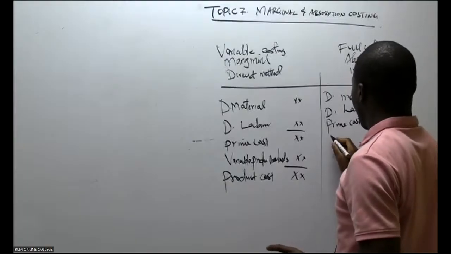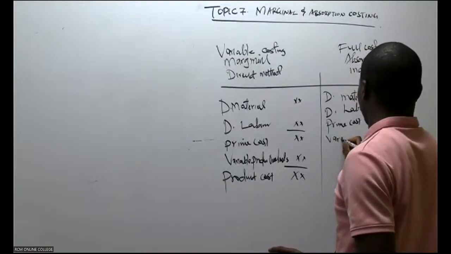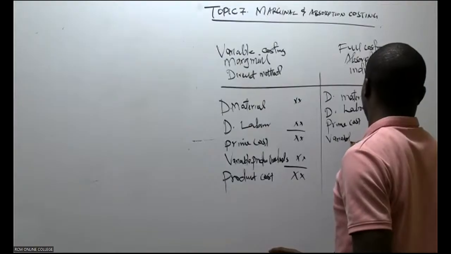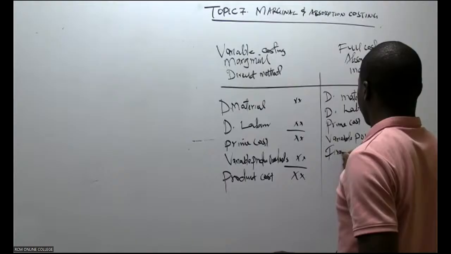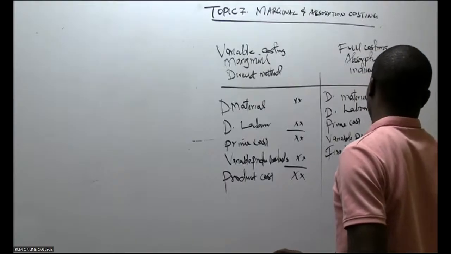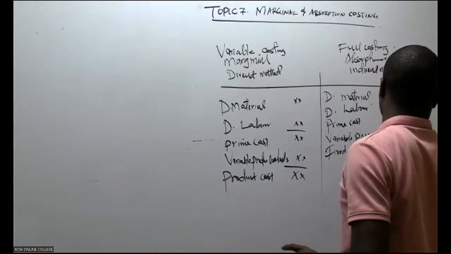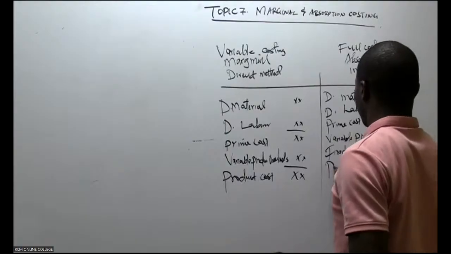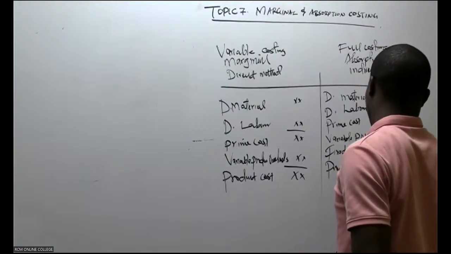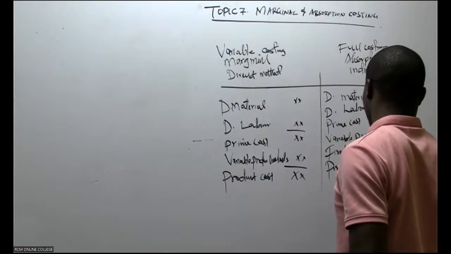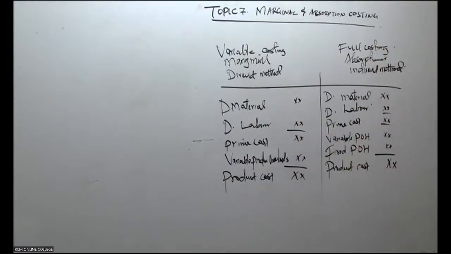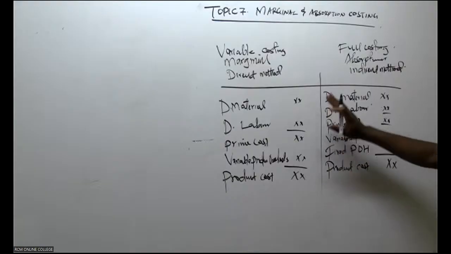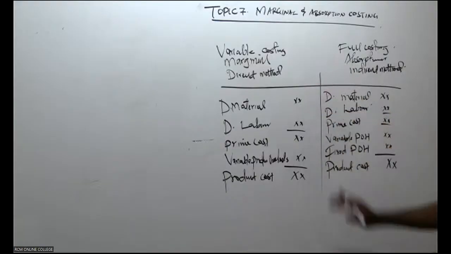Then we add variable production overheads, then we add fixed production overheads. When you add these, you get product cost or production cost. That is the difference between these two methods.